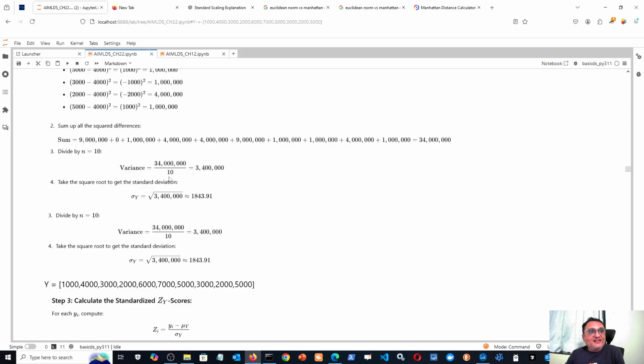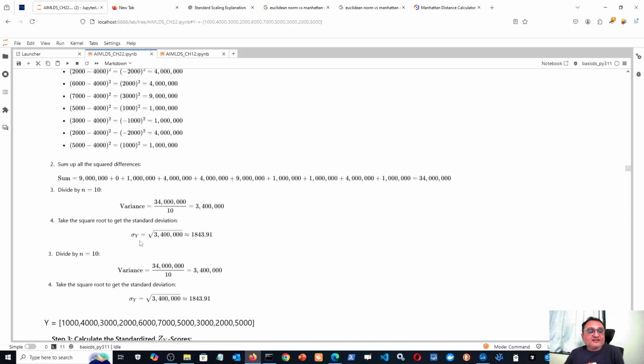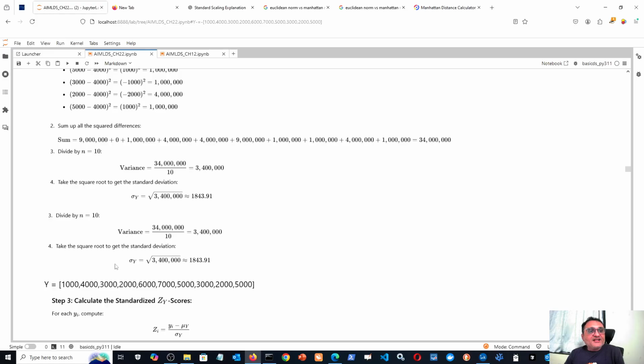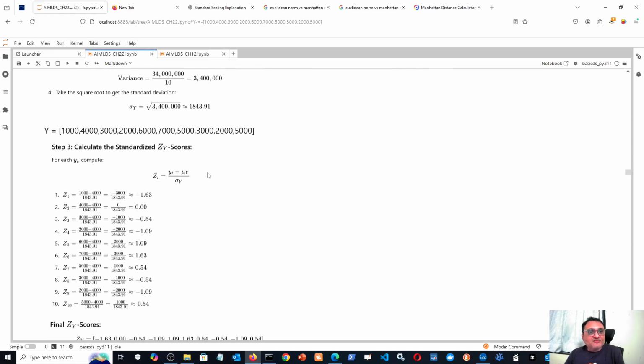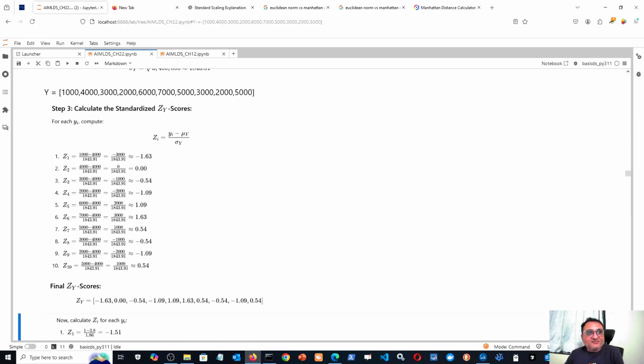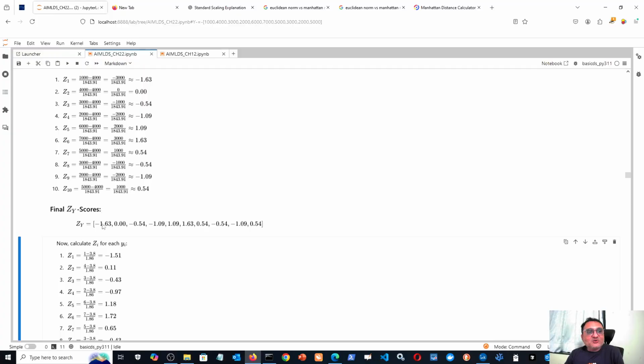Then you will get the Z score for each observation. So that would be 1000 minus 4000 divided by 1843, 4000 minus 4000 divided by 1843, 3000 minus 4000 divided by 1843. In general, the method is the same: yi minus mu y divided by sigma y, or the observation minus the mean of that column divided by the standard deviation of that column y. Okay, and if you find that, this will be the Z score.